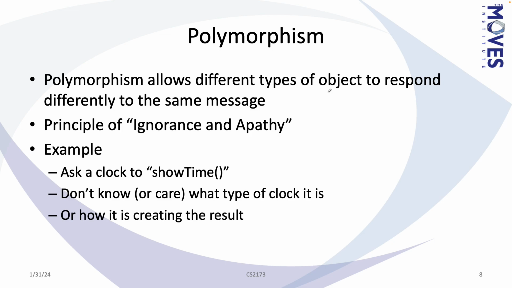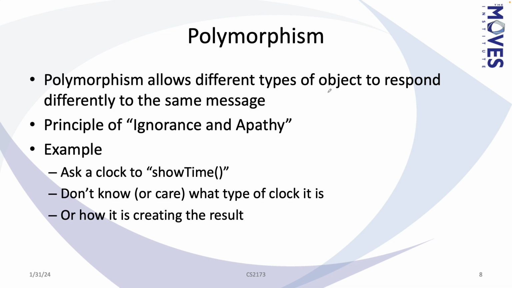So in particular, if we have a thing and all I know about it is that it's a clock, and every clock has a method that says show the time, and it will show me the time however it has done it, then I don't know or care what type of clock it is or how it's creating it. In other words, I have this clock object, and I say, what time is it? And it tells me.